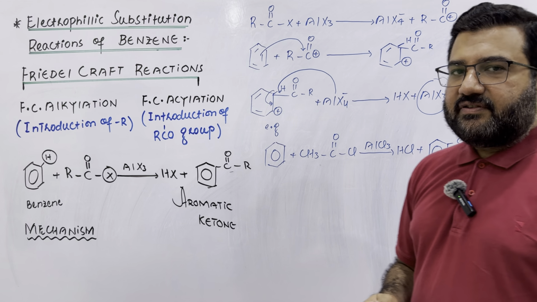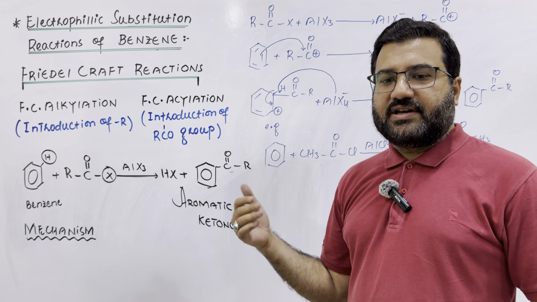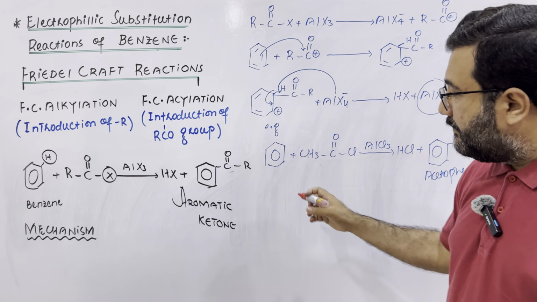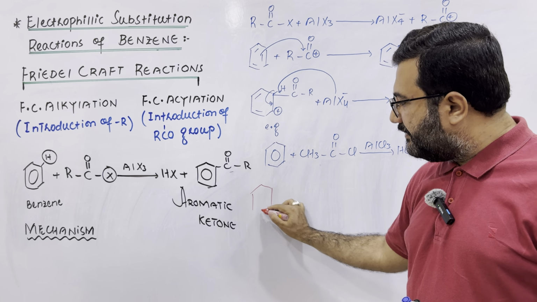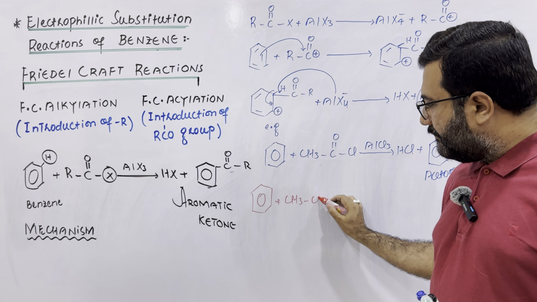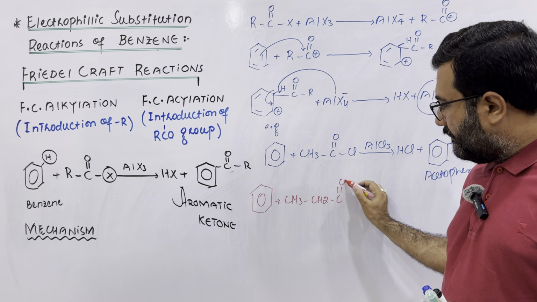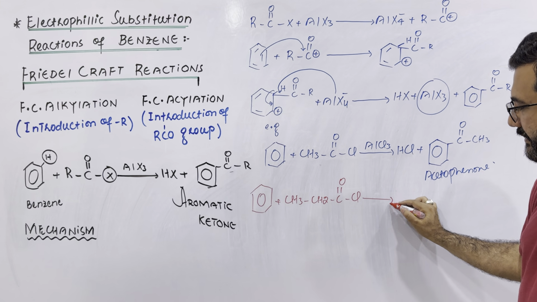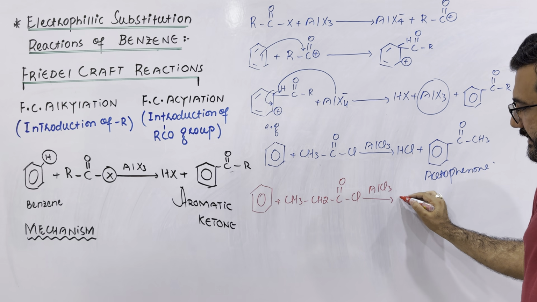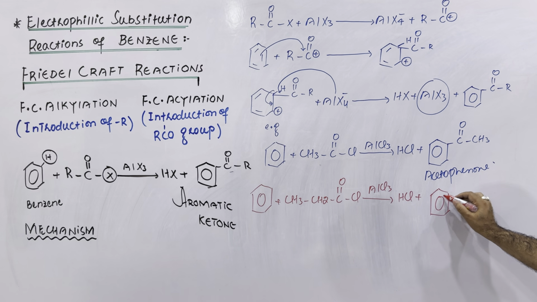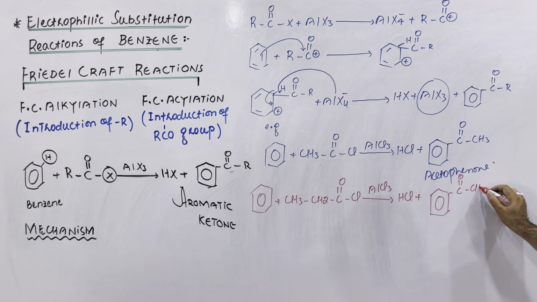My dear students, there was a drawback of the Friedel-Crafts alkylation, that N-propyl benzene cannot be prepared. So that N-propyl benzene can be prepared by Friedel-Crafts acylation, in which propanoyl chloride will react with benzene in the presence of AlCl3 after the release of HCl. Now you will get the ethyl phenyl ketone.